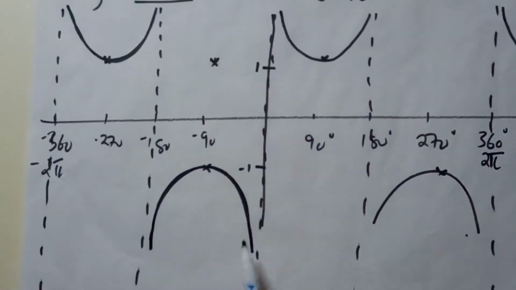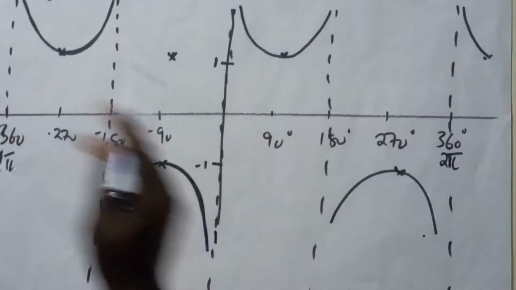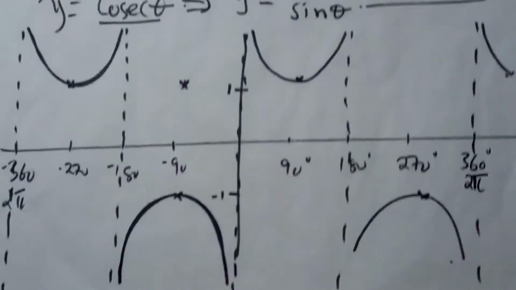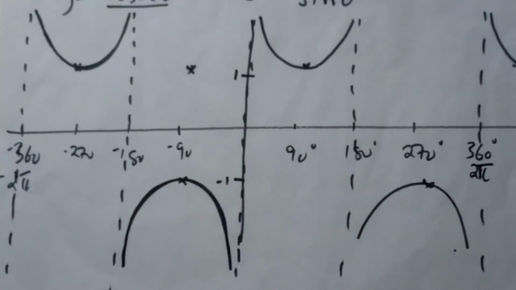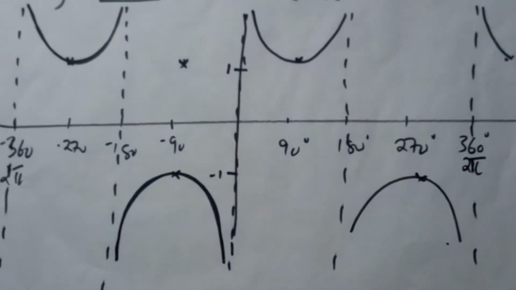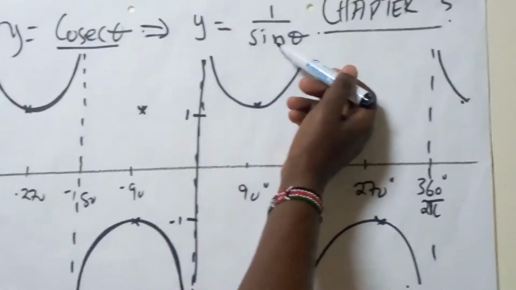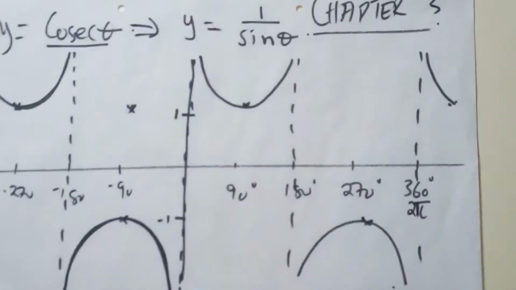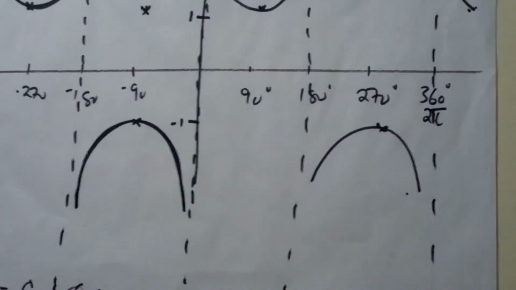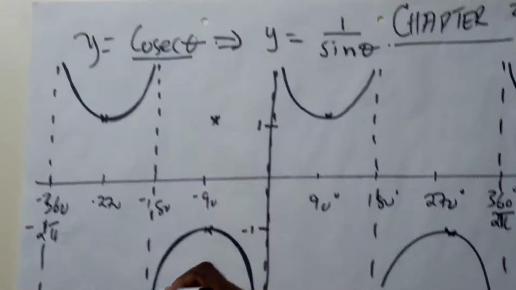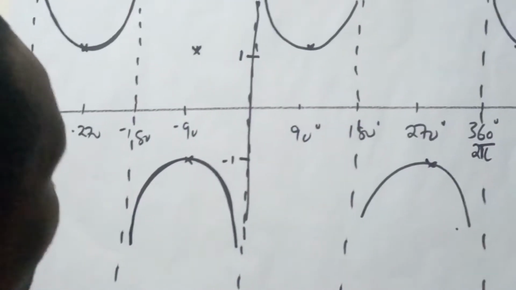But before we conclusively say this is the shape, let's identify what happens just before we get to 0. For example, the sine of negative 1 degree is another very small negative number, and 1 over a small negative number becomes a big negative number. So you realize that this is now the shape of that particular graph.